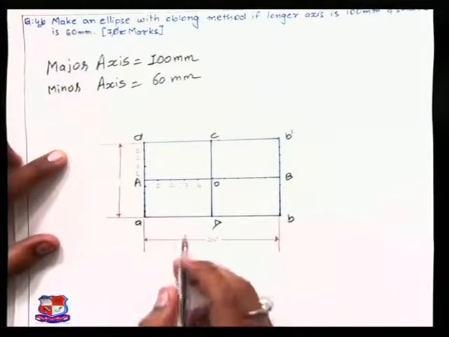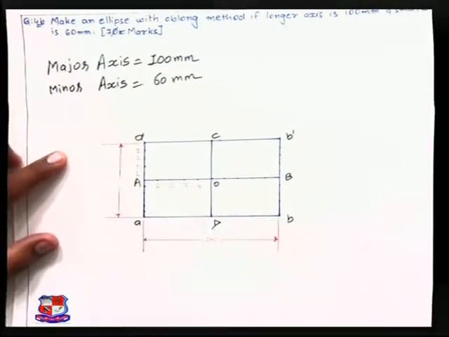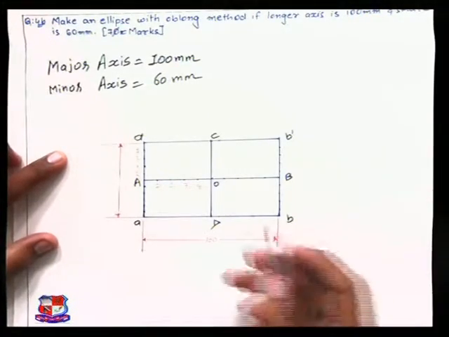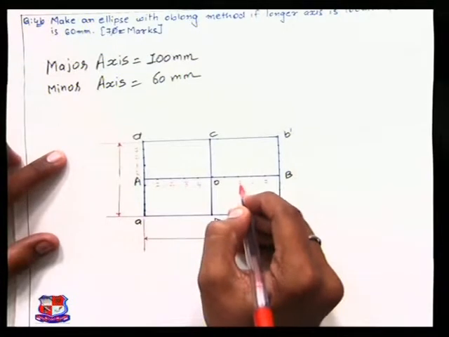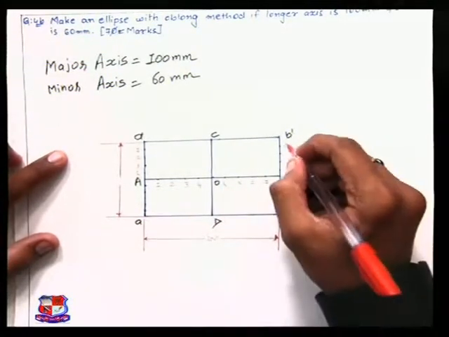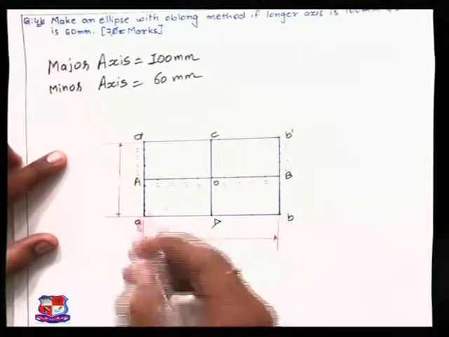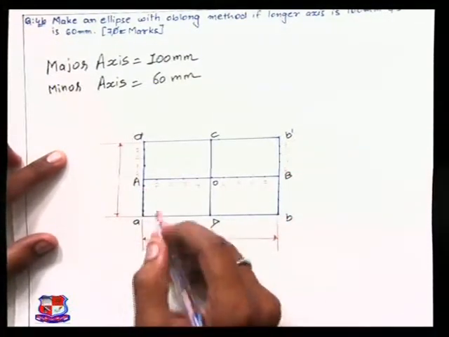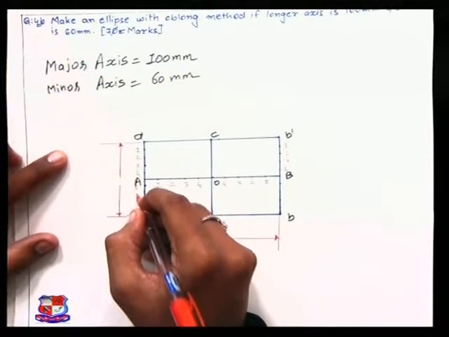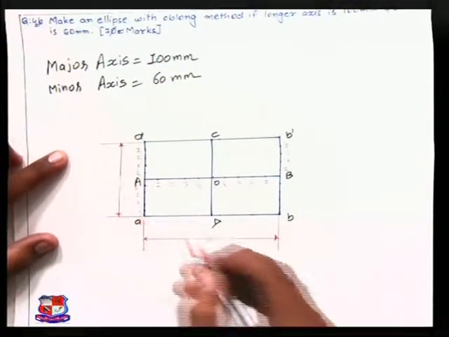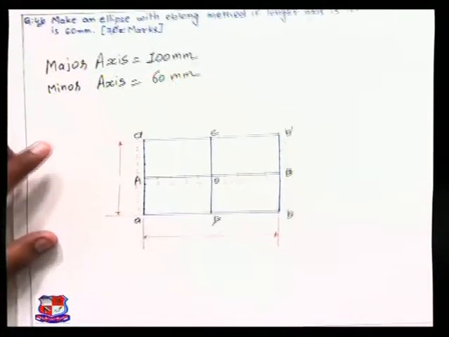For the same side, the other side, we are also giving the names 1, 2, 3, 4. Same way for the bottom side, 1, 2, 3 and 4.